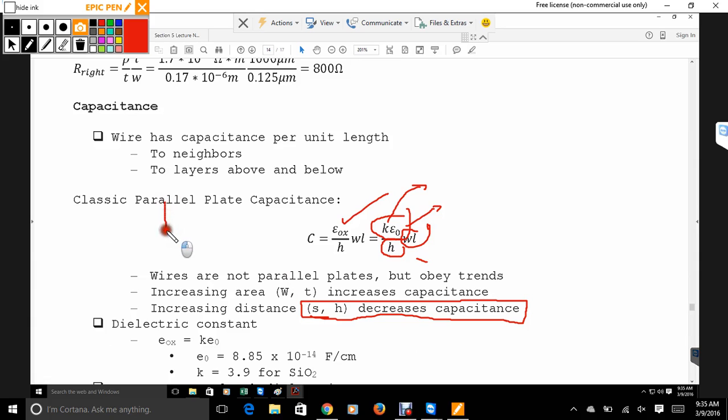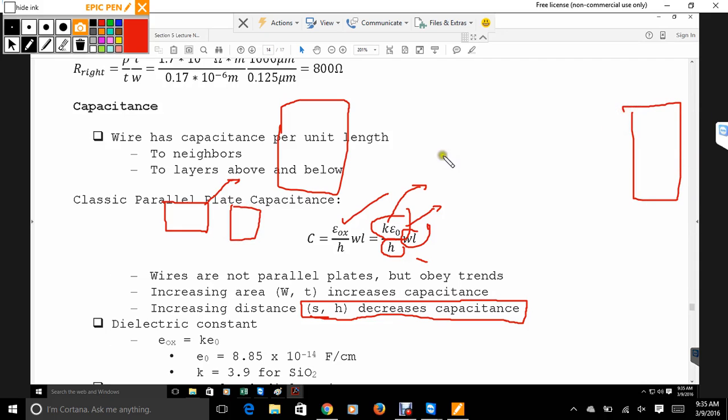If we make the width and the thickness bigger, we're increasing the capacitance. But if the wire is further away, then ultimately the capacitance is smaller, because the further it is away, the less ability it has to hold charge.